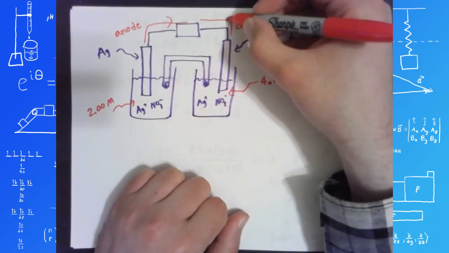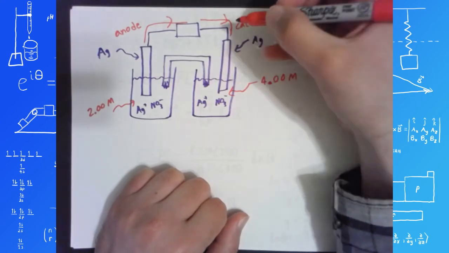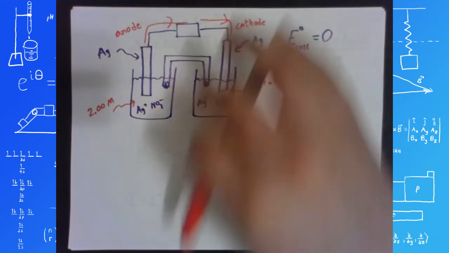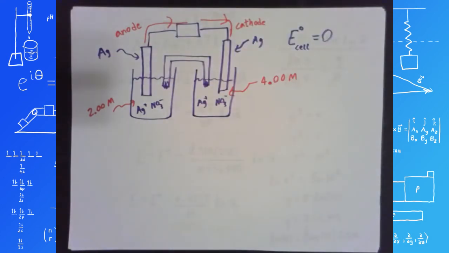Well, the electrons would be flowing this way, but in physics terms, we would say that the conventional current is going the opposite way, because in physics, conventional current is the direction of positive charge movement, which is the opposite of the direction of negative charge movement. Obviously, positive charge doesn't move because it's trapped in the nucleus.